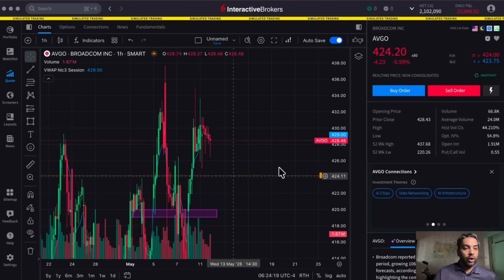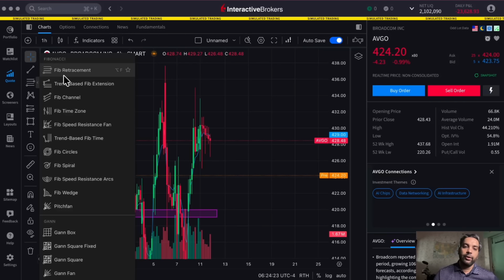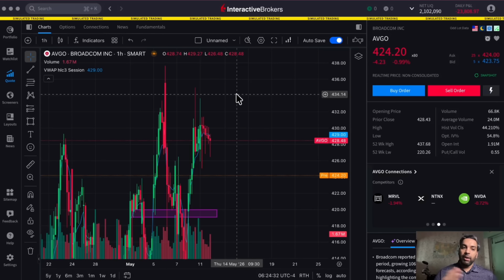There's definitely a lot of tools you could use. There's also fibs in here for pro traders who are familiar with fibs. They could use fibs and all the tools that are available on other platforms where you have to pay for those. It's available for you for free, including the indicators.